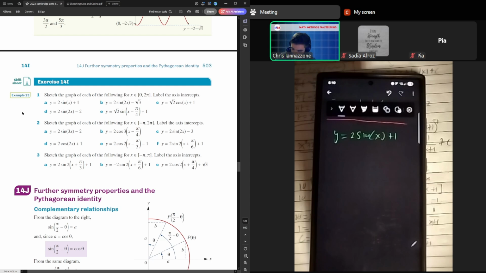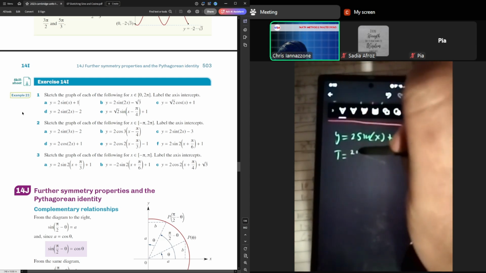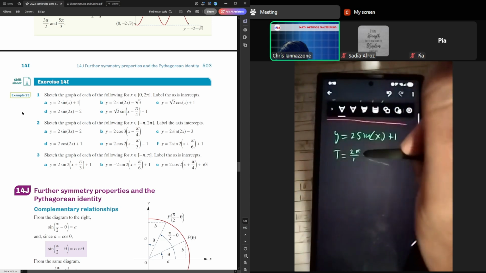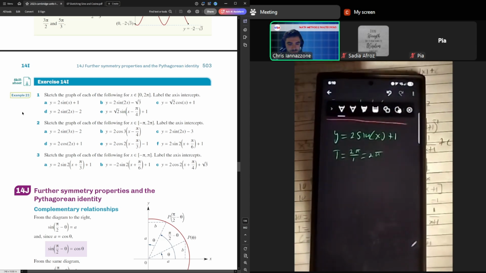Period of 2 pi? Yeah, that's it. Capital T, the period, is 2 pi divided by n, where n is 1. Period is going to be 2 pi. That's good. What else?